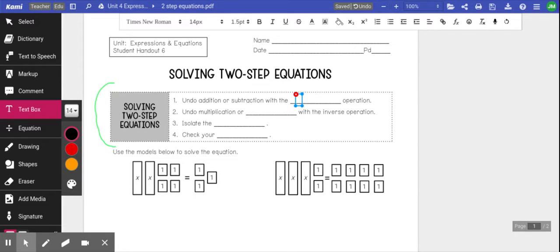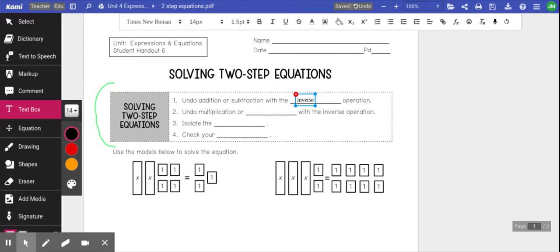Undo addition or subtraction with the inverse operation. We talked about this on one step. It is even more important to do it in two-step because in two-step, you're going to obviously undo two operations. And I want you to think of, remember, we're not doing PEMDAS anymore, but we have GEMS, doing that in the inverse order.